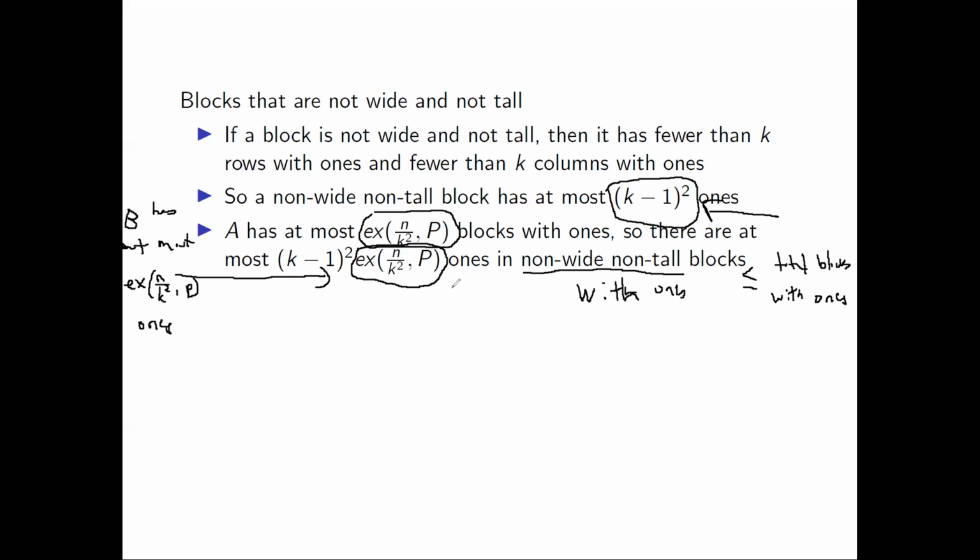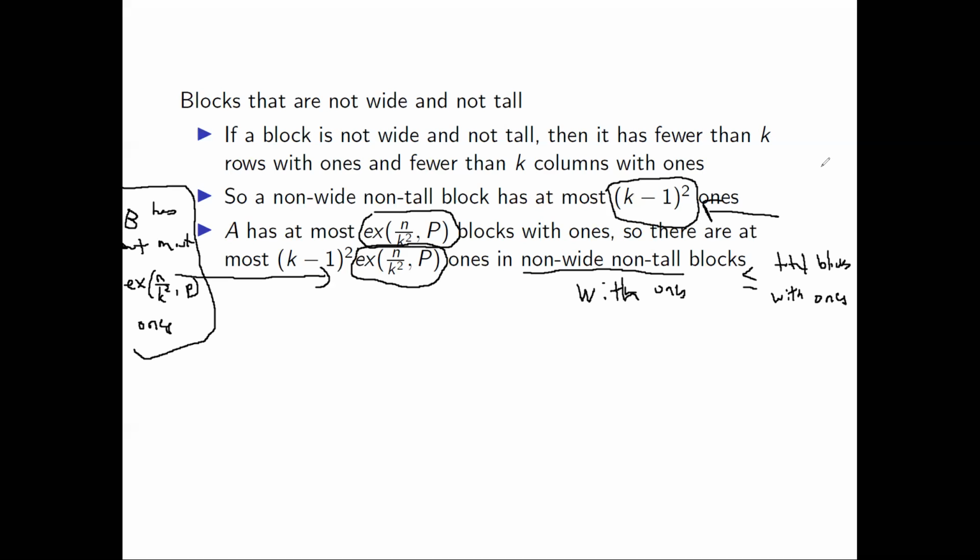And an upper bound we have on that is just the number of ones in B, which is ex of n over k squared comma p. So that's why we can say that there are at most k minus 1 squared times this extremal function ex of n over k squared comma p ones that are in non-wide and non-tall blocks.